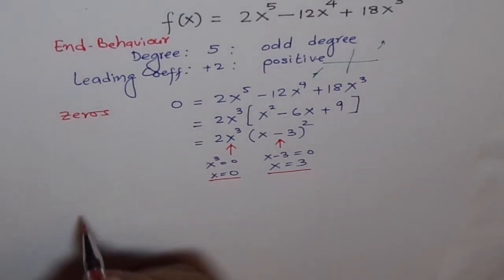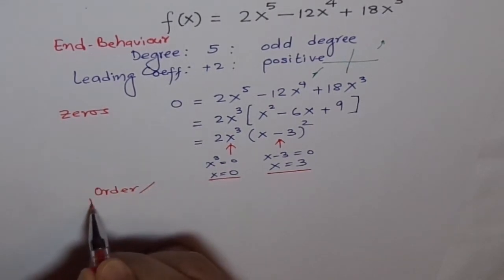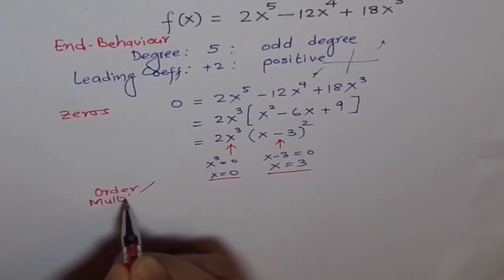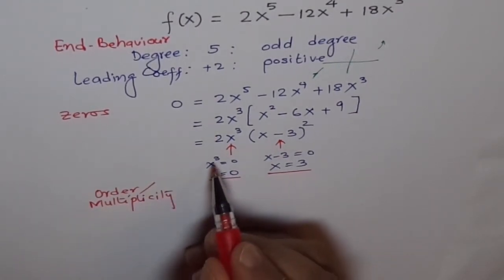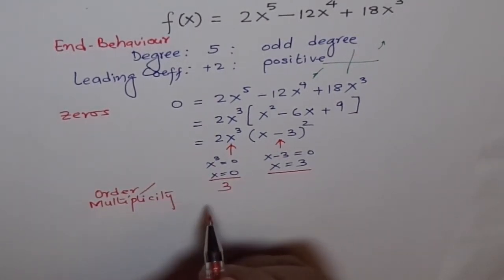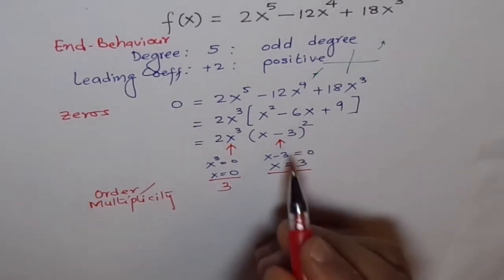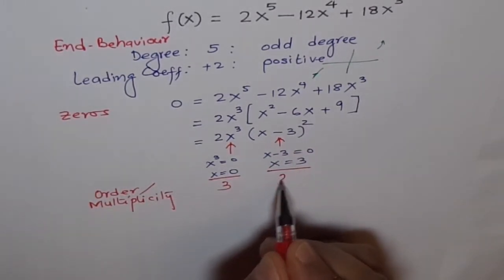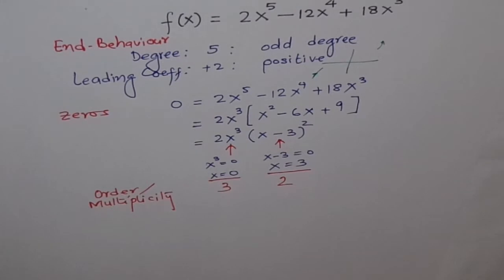So, we got two zeros, and now the order or multiplicity of our zeros. Here x cubed, so the multiplicity is 3, and here (x minus 3) to the power of 2, so it's 2. So we know we got two zeros, and the multiplicity of the first one at the origin is 3 and the other one is 2.